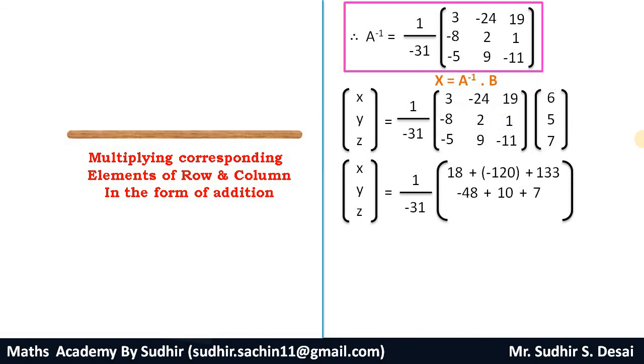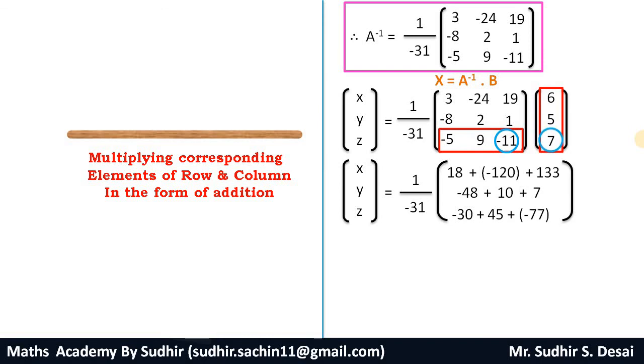Now lastly, the third row is multiplied to the first column: minus 5 into 6, minus 30, plus 9 into 5, 45, plus minus 11 into 7, minus 77.